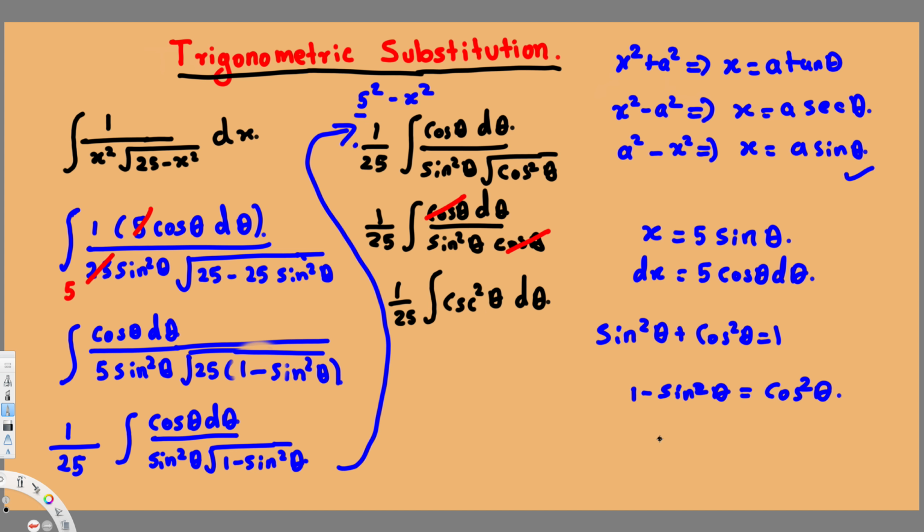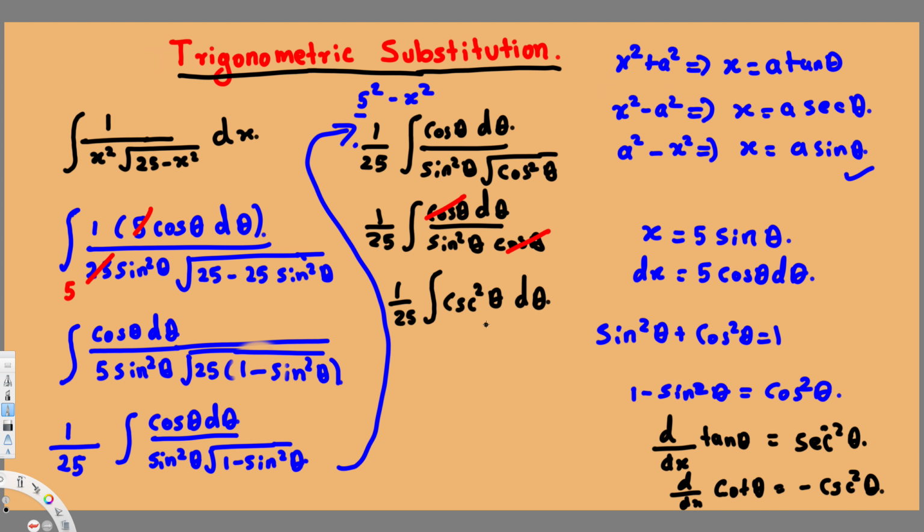If you remember, d over dx of tan theta is equivalent to sec square theta, right? And d by dx of cot theta is negative cosec square theta.